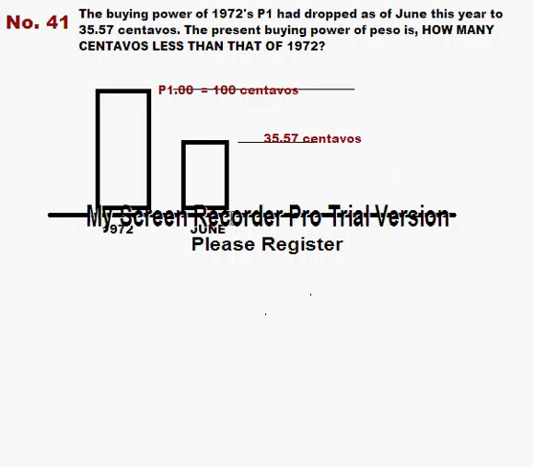So if this is the zero reference, from that point to that point is only 35 centavos, but from this point to that point is 1 peso. The question is how many centavos less than that of 1972? So the question is just asking how much it is from 100 centavos, or 1 peso, down to that point.